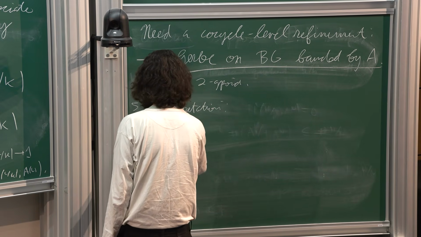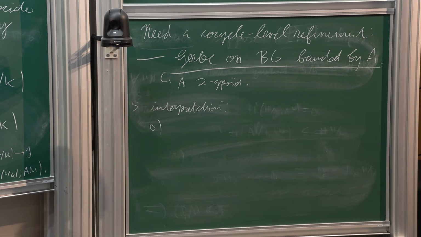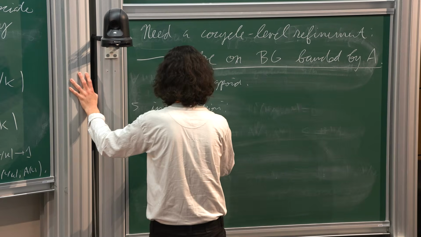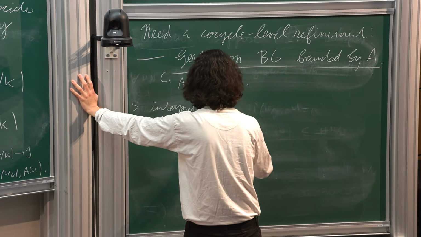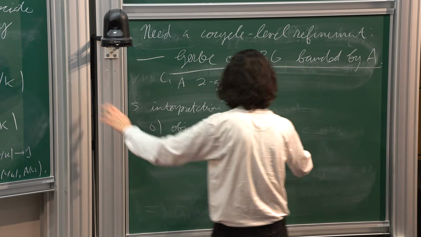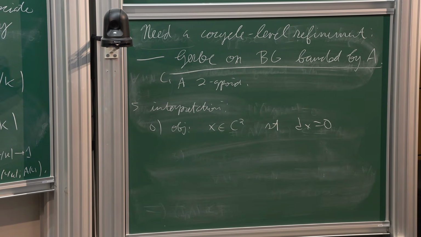So one, or maybe 0, is the thing that literally is a co-cycle level refinement. So an object is an x in C2 such that dx equals 0, the kind of thing that represents a cohomology class.